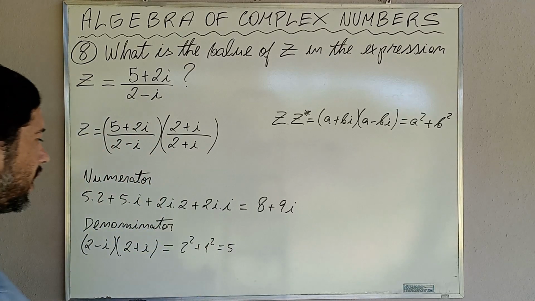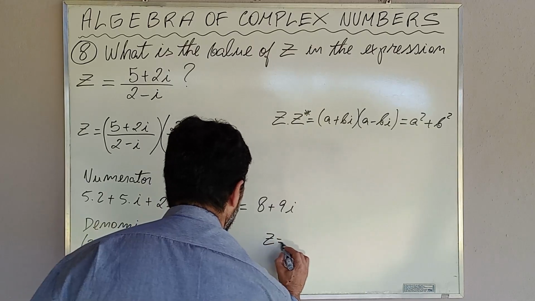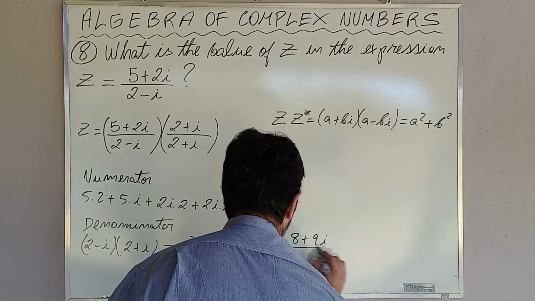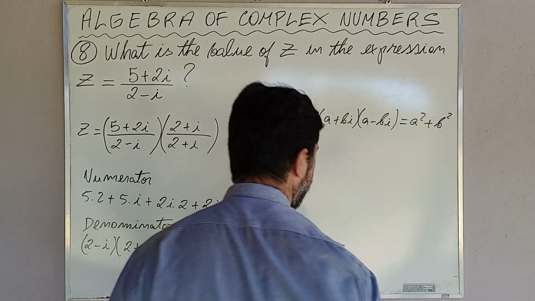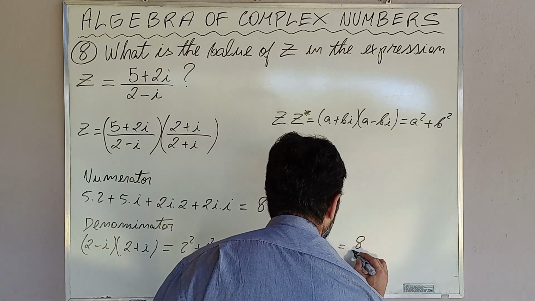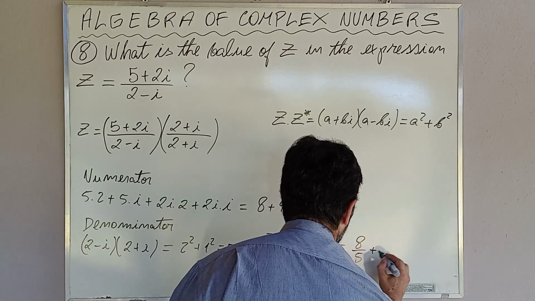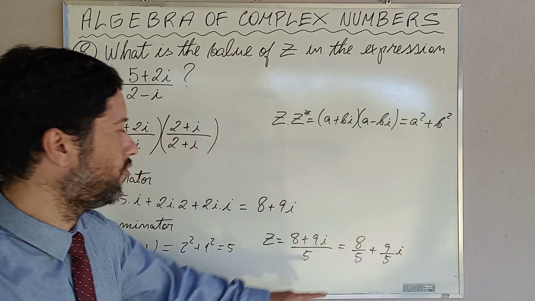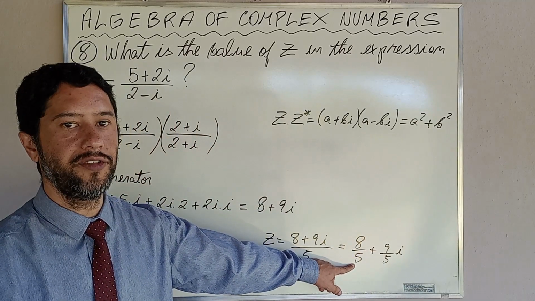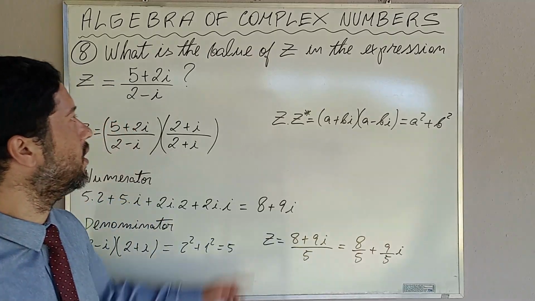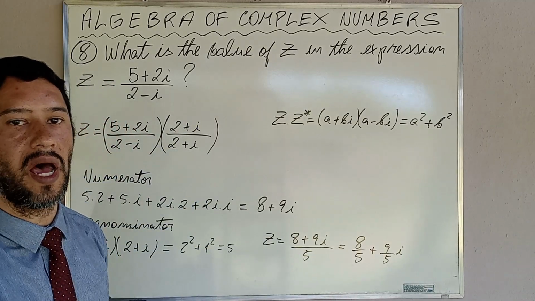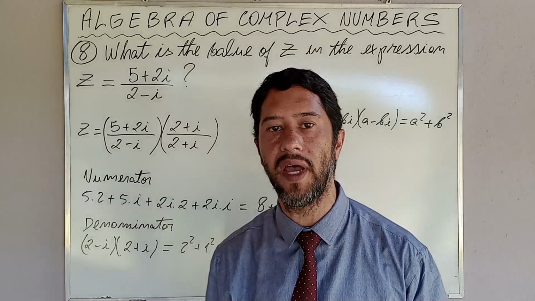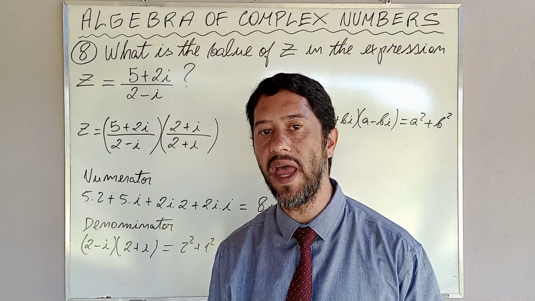In this way, we find that z is equal to (8 plus 9i) divided by 5, or if you prefer, 8 divided by 5 plus 9 divided by 5 i. And this is the value of z. And it was what the exercise wanted us to calculate. And it is all for this exercise. Let's go to the next.